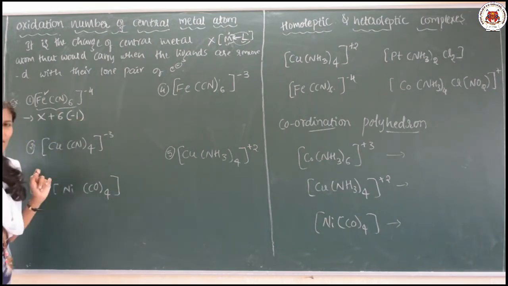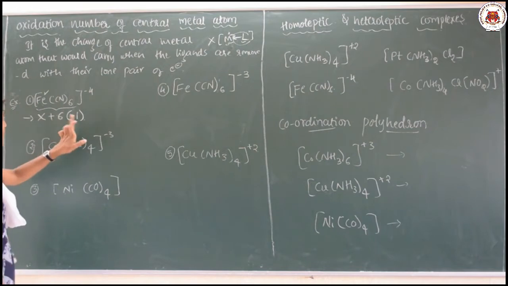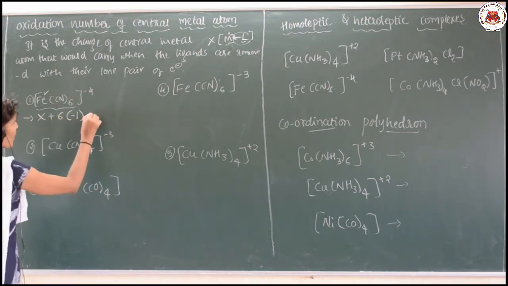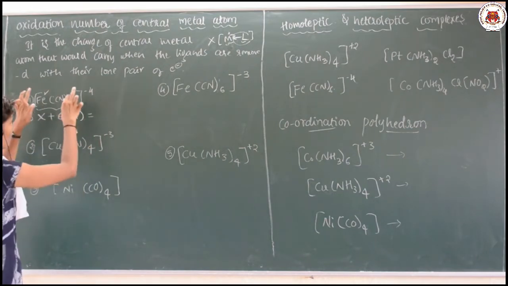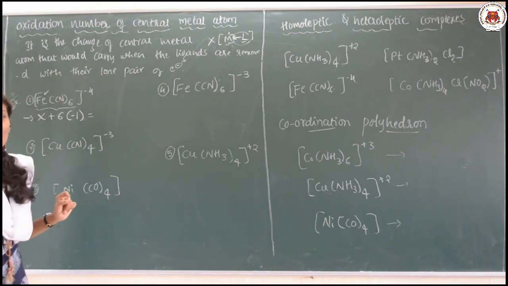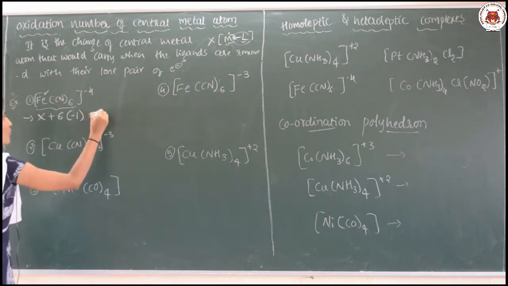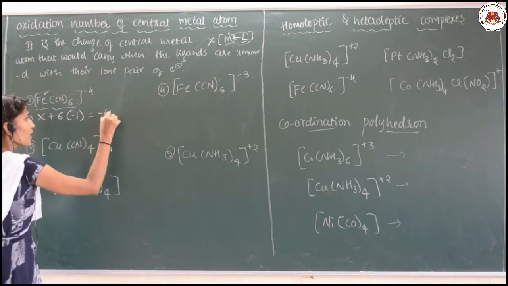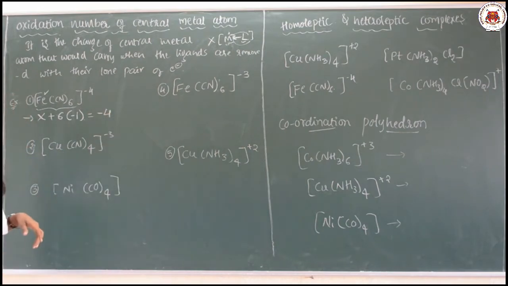So the oxidation number of CN is -1, and the sum is equal to the charge possessed by that complex ion. So this equals -4.